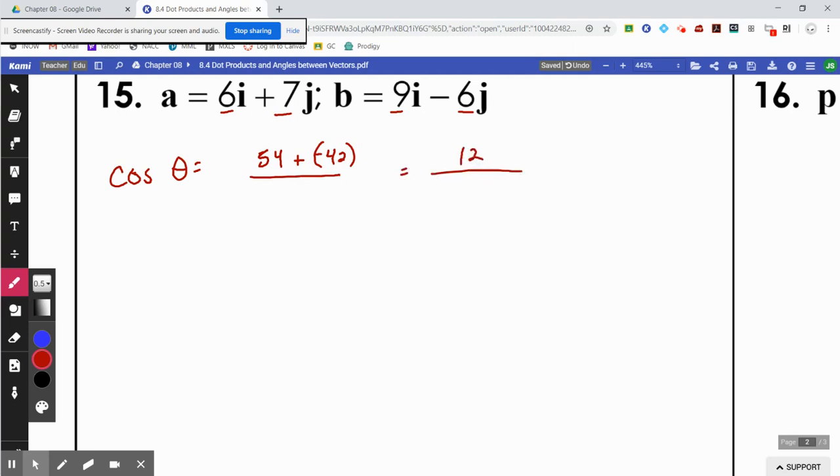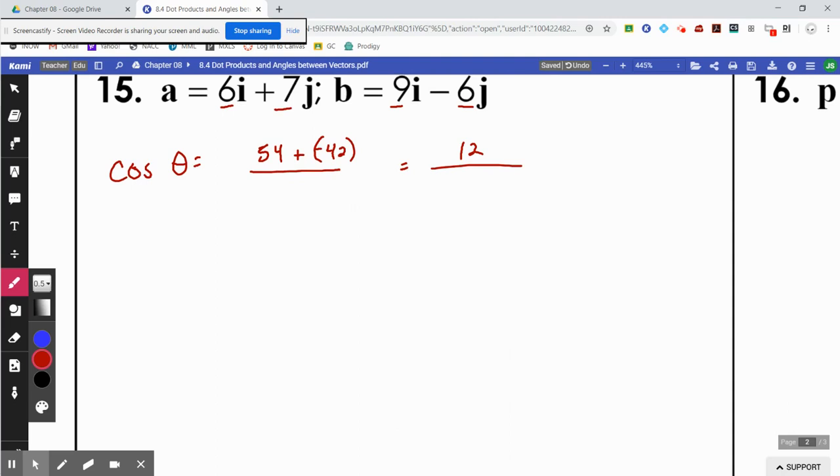Then on bottom, you have the magnitude of the two vectors. The magnitude of your first one is going to be the square root of a squared plus b squared, which is 36 plus 49. That's going to be the square root of 85, times the magnitude of the second, which would be the square root of 81 plus 36, which is the square root of 117.